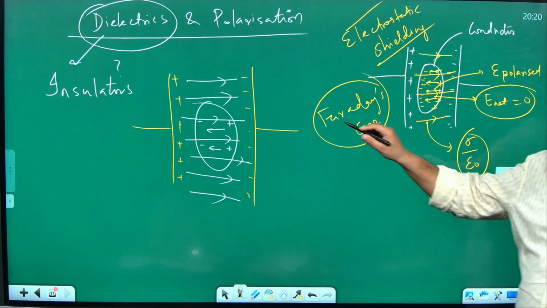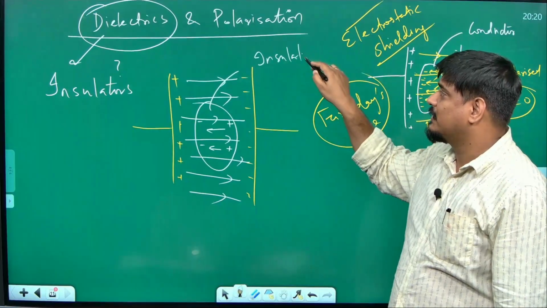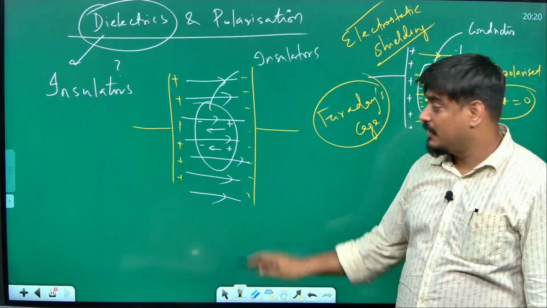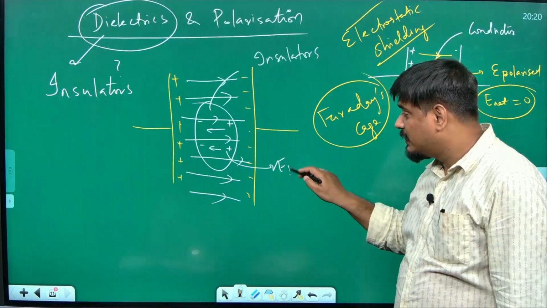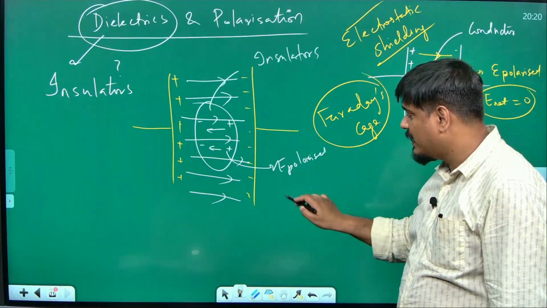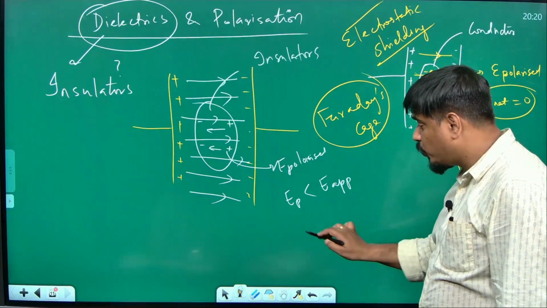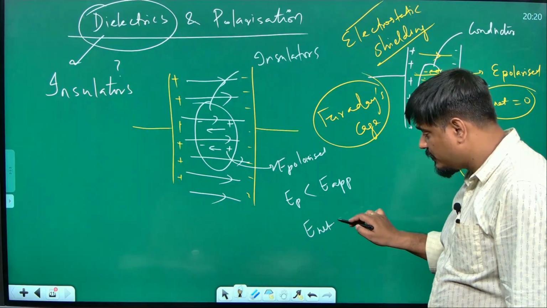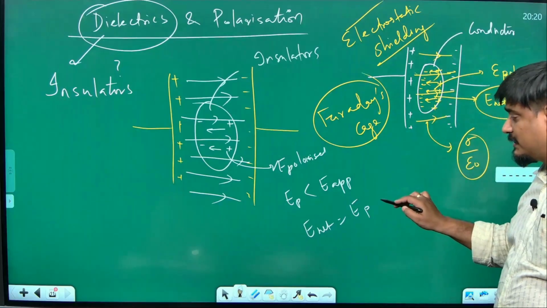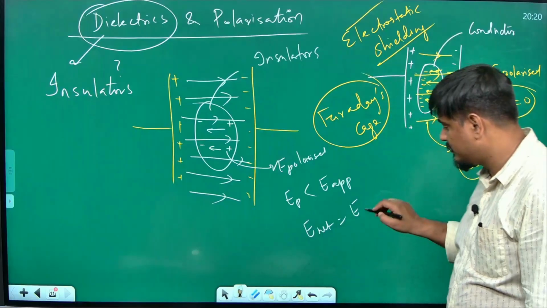That's why the electric field became 0. But in the case of insulators, also called dielectrics, the E polarized will not be strong enough. So I should say that E polarized is less than E applied, and so the net electric field will be E applied minus E polarized. Can I write like this?